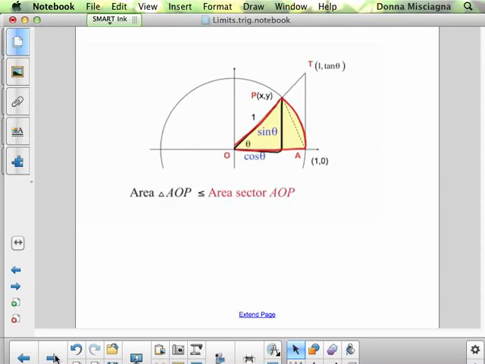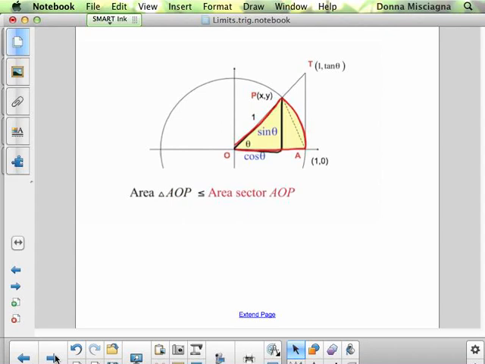We also have another measurement here, and that is the sector. Right? So we have sector AOP. Now a sector is formed by two radii and the intercepted arc. Right now it's outlined in red.